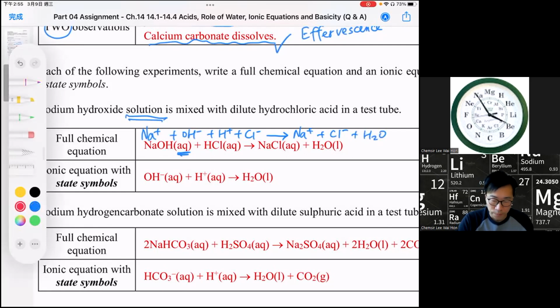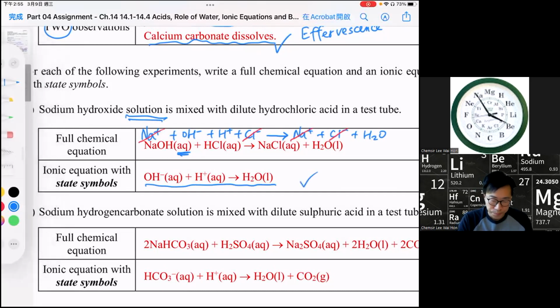Then you cross out the spectator ions involved, Na+ and Cl-, leaving the ionic equation like this.